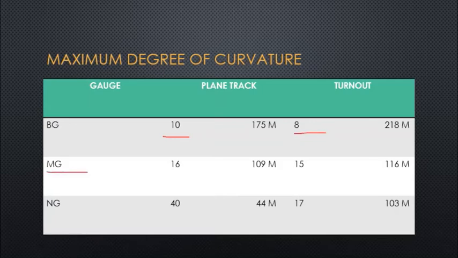If the track is meter gauge, for plain tracks the degree of curvature is 16 degree, and for turnouts it's 15 degree. For narrow gauge tracks, the maximum degree is 40, and in the turnouts it will be 70 degree. You must remember this table, and you can expect some questions from it.